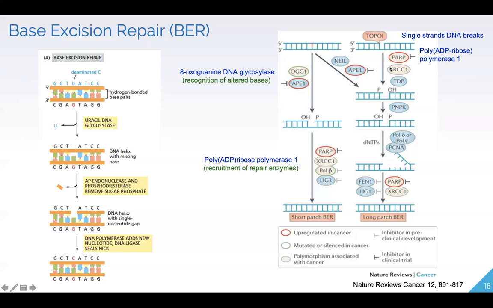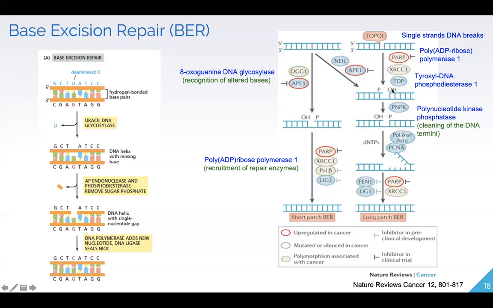But this PARP then recruits a whole bunch of other proteins, including tyrosyl-DNA phosphodiesterase, and another enzyme that will be important to clean up the termini at this particular break. What this enzyme right here, this TDP, does is create a nick in the DNA, but it has the 3' end phosphorylated instead of hydroxylated.